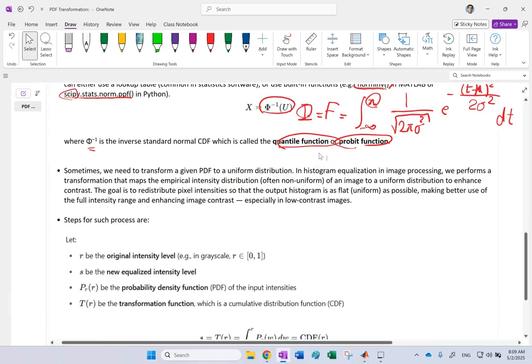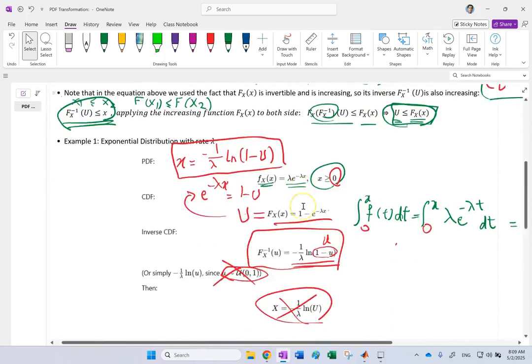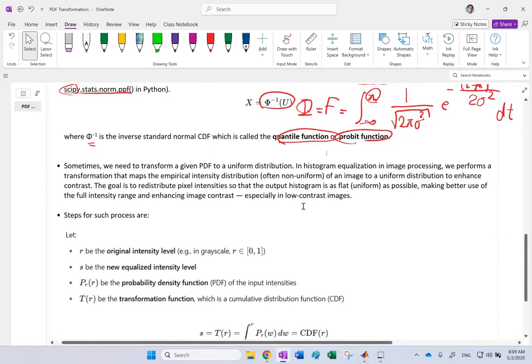Now, one other thing I want to mention, which is more interesting. Here we went from a uniform distribution to the desired one. Sometimes we need to do the exact opposite: we have an arbitrary distribution and we have to turn it back to uniform. Really? Why would you do that? Well, one application is in image processing. It is called histogram equalization.